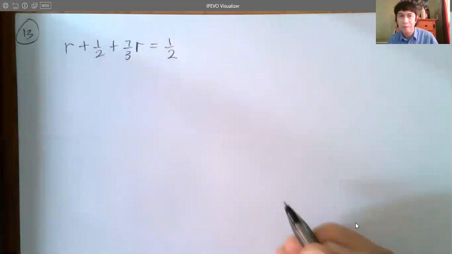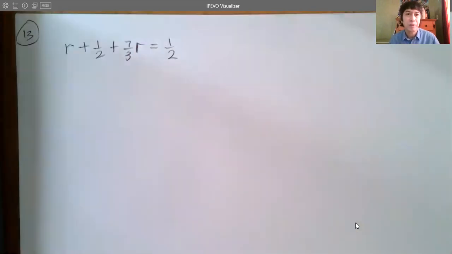Okay, and you see the problem involves fractions. You see the fractions 1/2, 7/3, and 1/2. Now, if we use fractions, then we will need to make use of LCD.